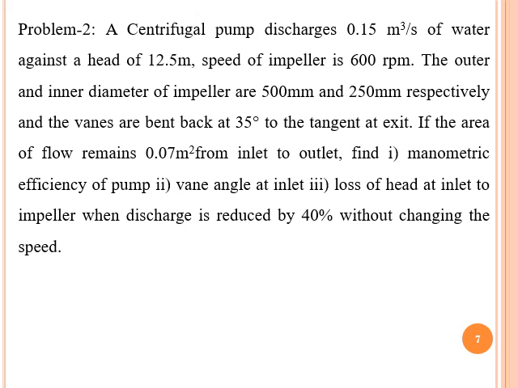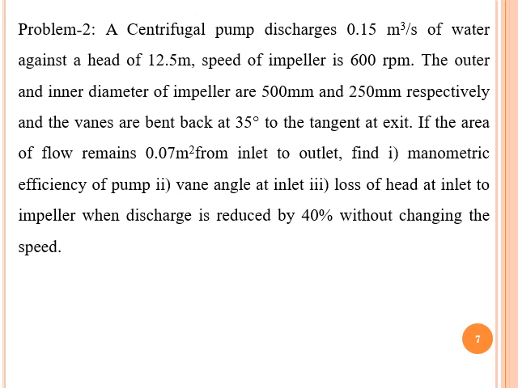If the area of the flow remains constant from inlet to outlet, that is 0.07 meter square, then A = 0.07 m². In this problem, first of all, calculate the manometric efficiency of the pump, that is η manometric. Second is the vane angle at inlet, that is β1, how much is it.